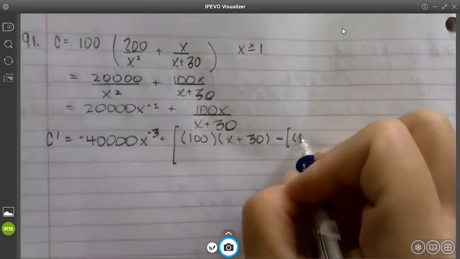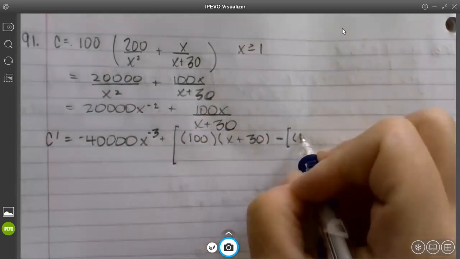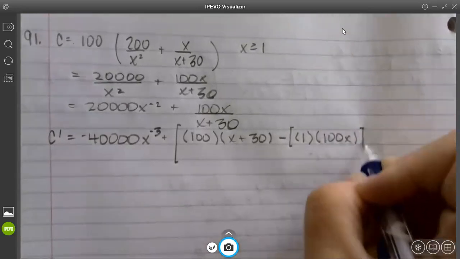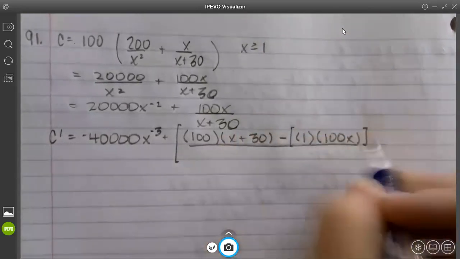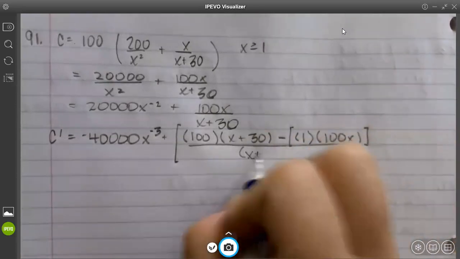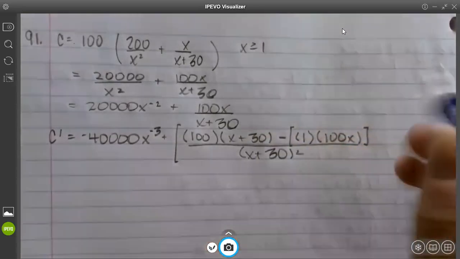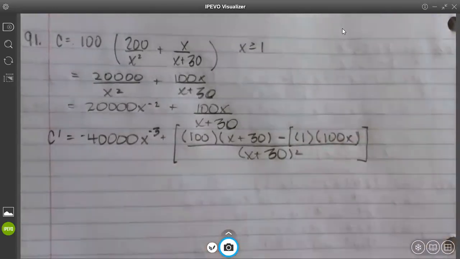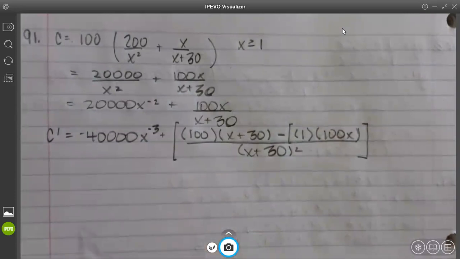I'm not doing this for you just to watch me. Derivative of the bottom, x plus 30. 1. Multiply by the top, all over x plus 30 squared. Clean it up.